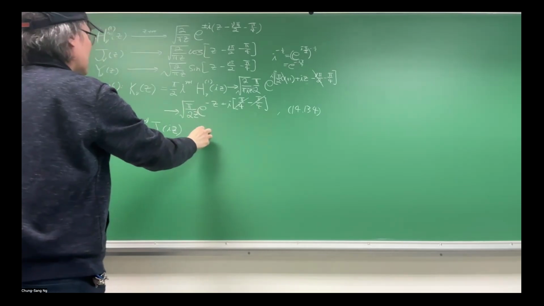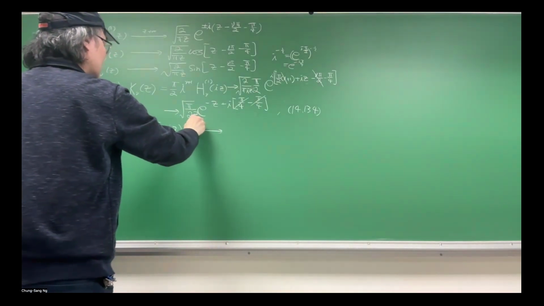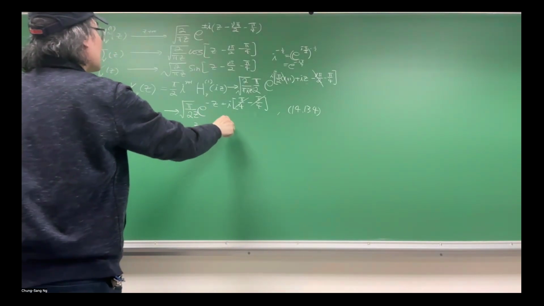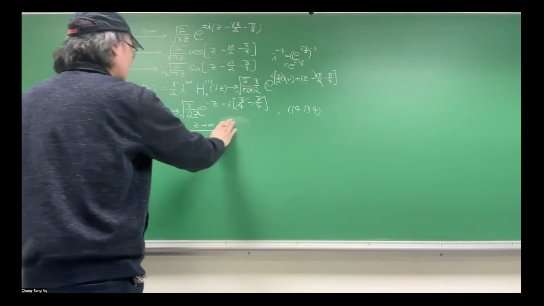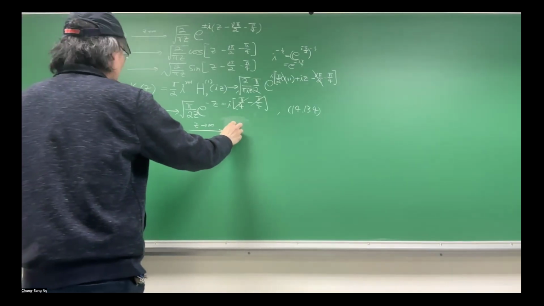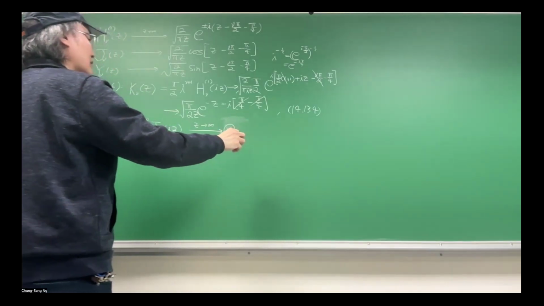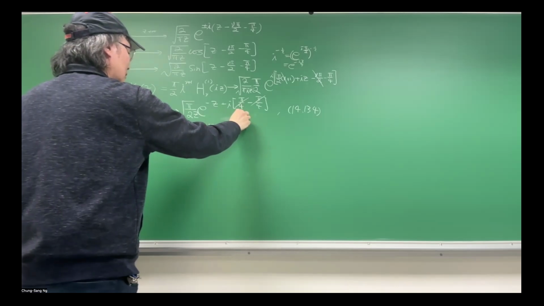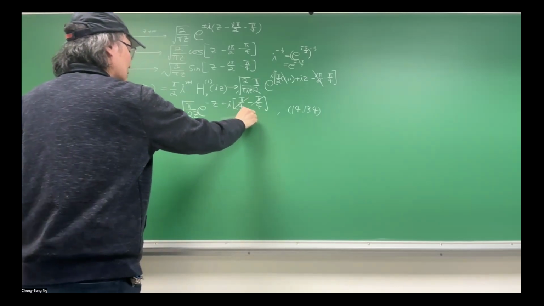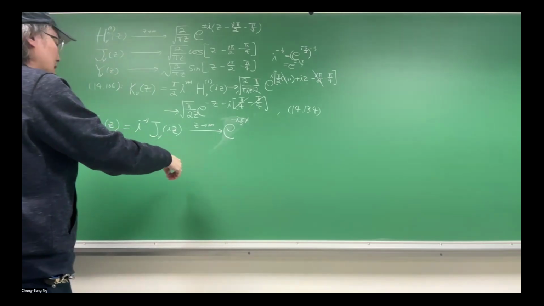Again, that tends to, you have square root of, you have this i. Now we'll work that out first. So e to the i pi over 2 to the power minus nu, so minus i pi over 2 nu for this one.